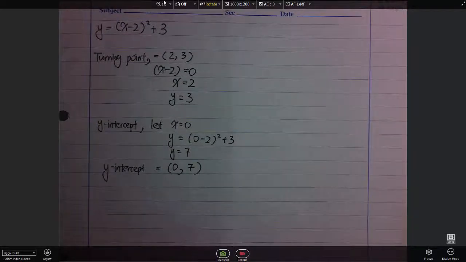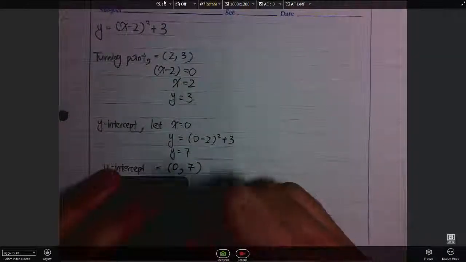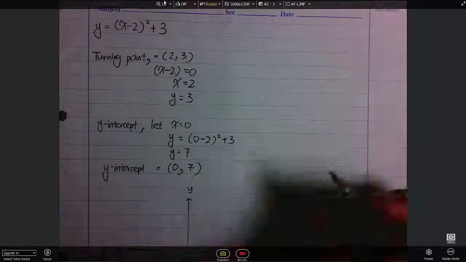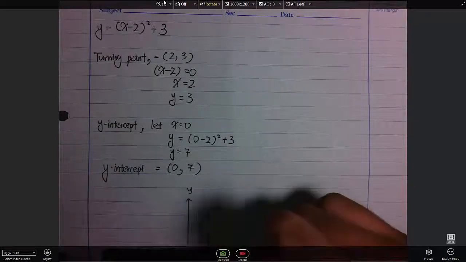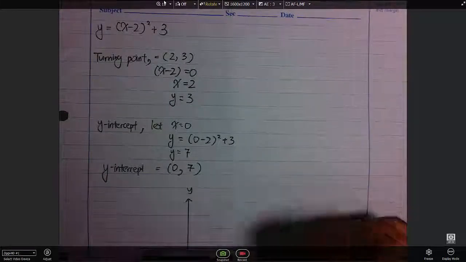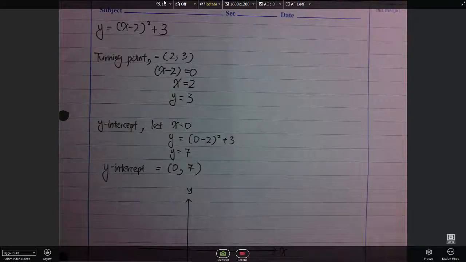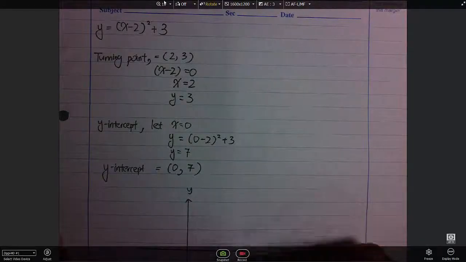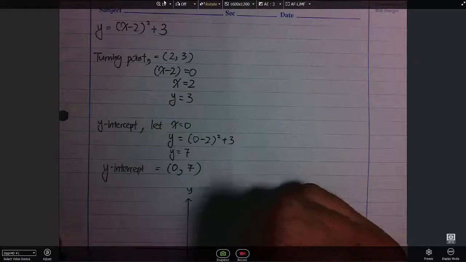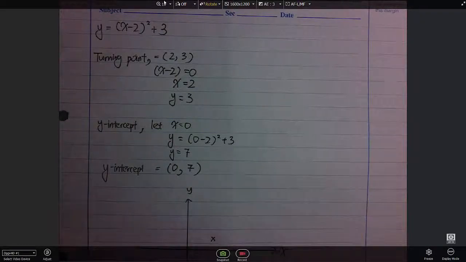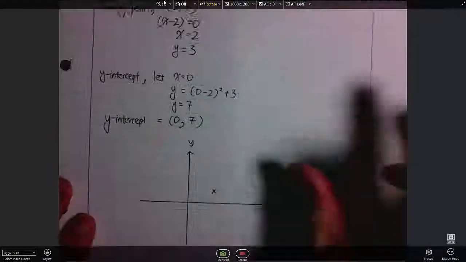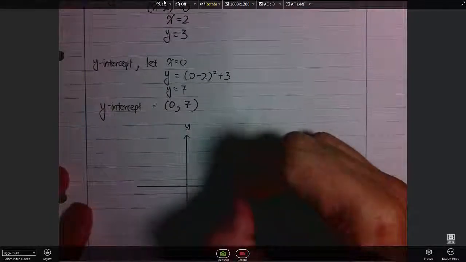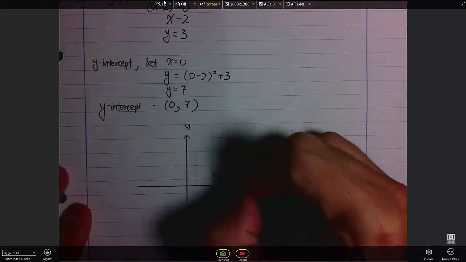Now very quickly, let's sketch. I draw my y-axis and my x-axis. My turning point is 2, 3. I suspect that 2, 3 should be somewhere here. It doesn't have to be super accurate, as I said in the last example. Just have a rough gauge of where the value should be.